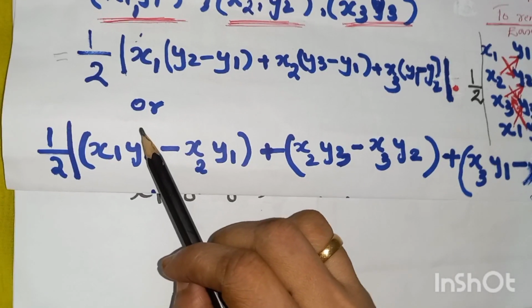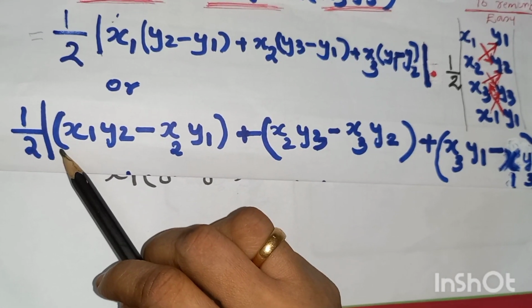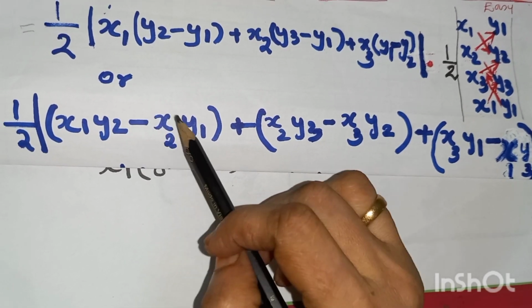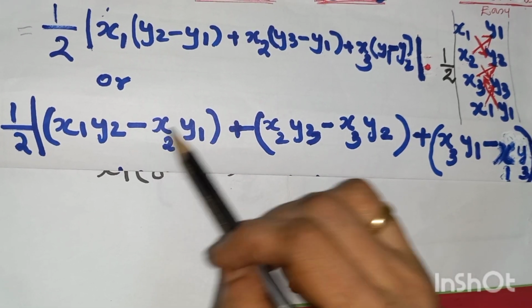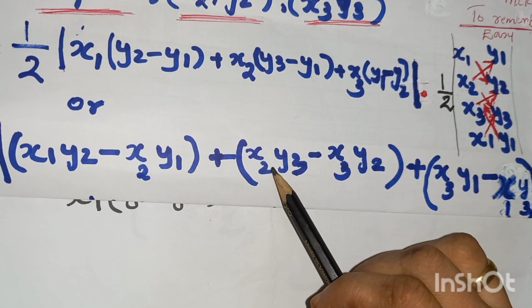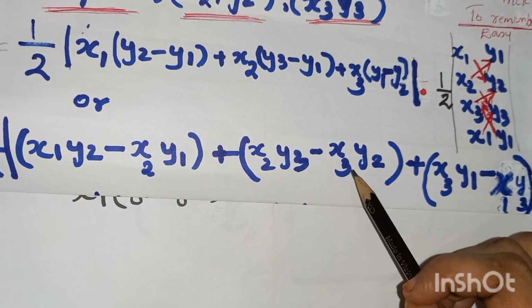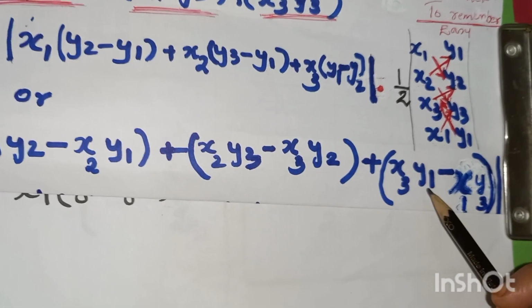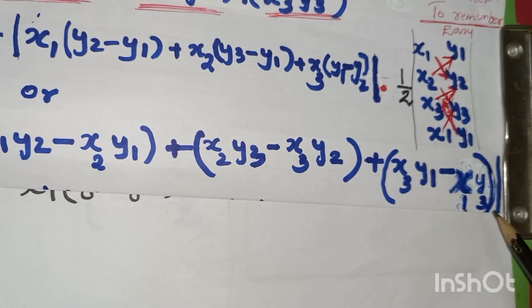Or another way we can write this is half into modulus of (x1 y2 minus x2 y1) plus (x2 y3 minus x3 y2) plus (x3 y1 minus x1 y3).